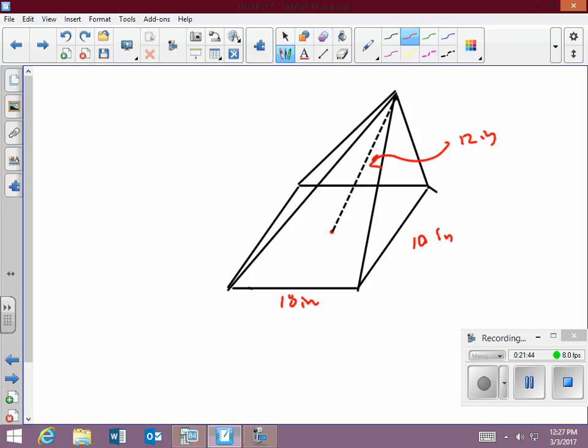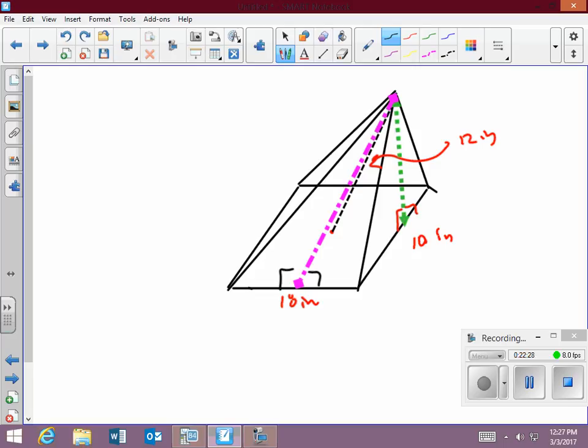What we actually have to do is find this thing right here, and then we have to find this one. This is 90 degrees.